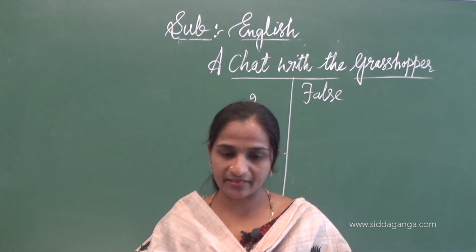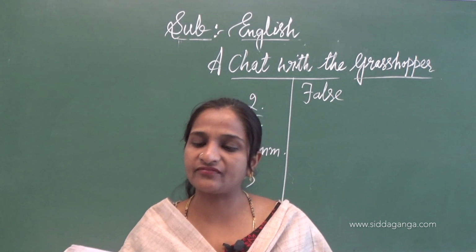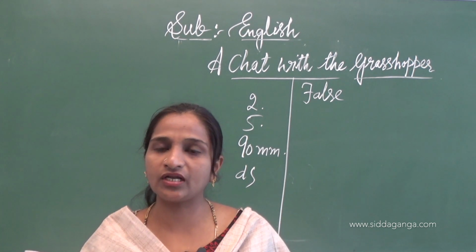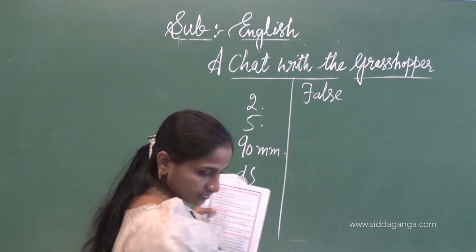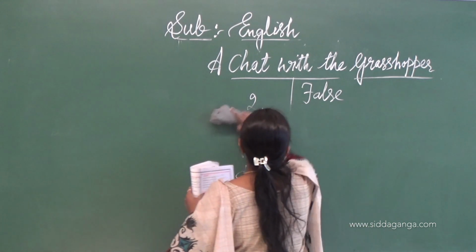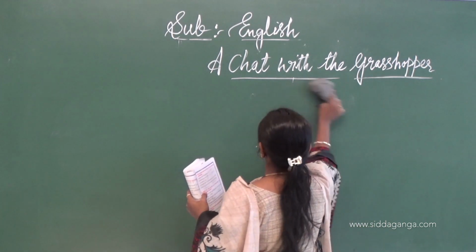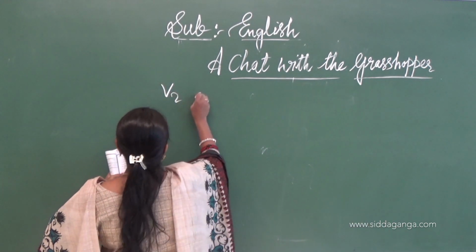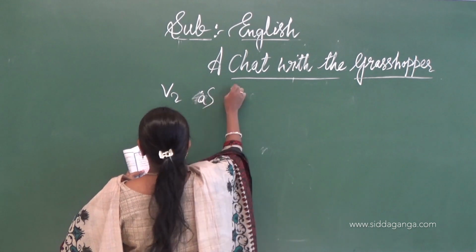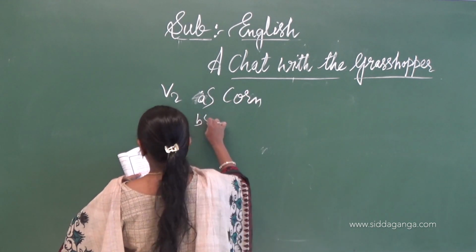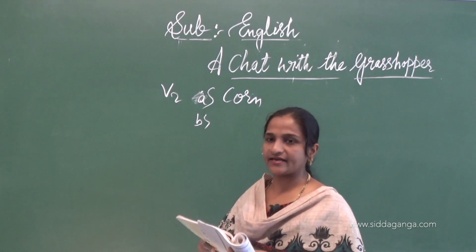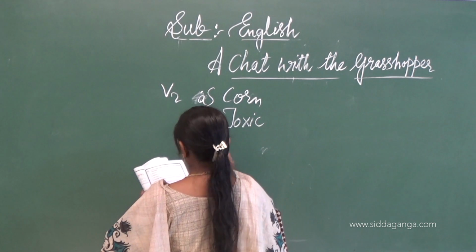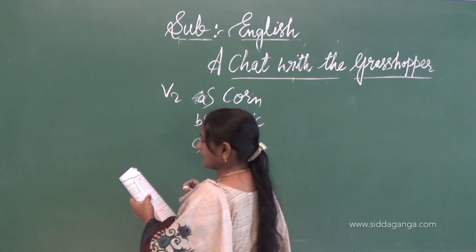Page number 81. Find words from the lesson with the following meanings. A, grain used to make flour, that is corn. B, poisonous to eat or drink, that is toxic. C, an enemy.